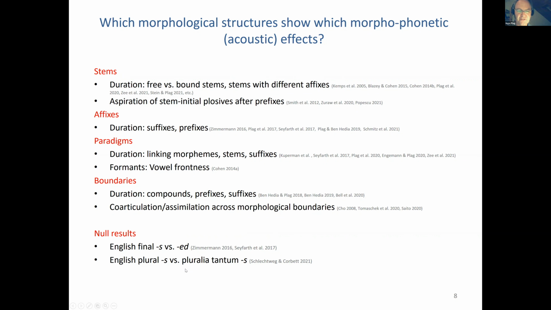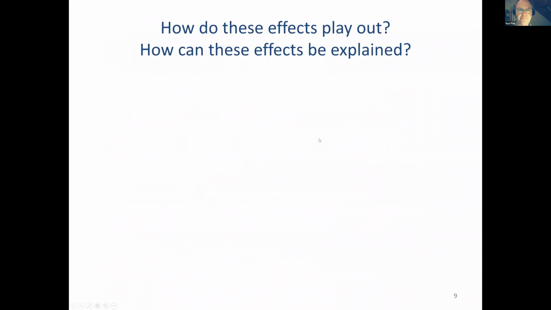That's apparently too subtle. And there are also results of co-articulation across morphemic boundaries where this is either variable or not existent at all. So that's also a puzzle. Where do we find it and where don't we, and why is that the case?